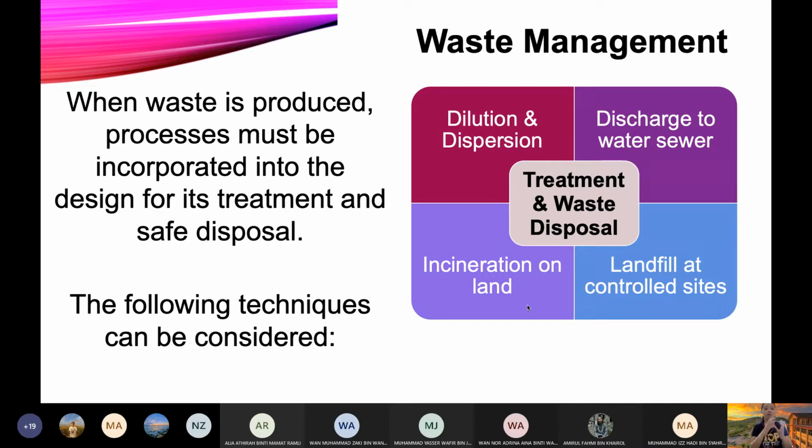So it's not either, you have to, certain waste need to be treated and then only you can dispose it. So this treatment and waste disposal pun ada cara yang berbeza, which each of the groups have to consider. So kamu tak boleh sebarangan pilih salah satu. Like I said, kamu kena betul-betul consider the waste from your plant and see which strategies best suit your waste.